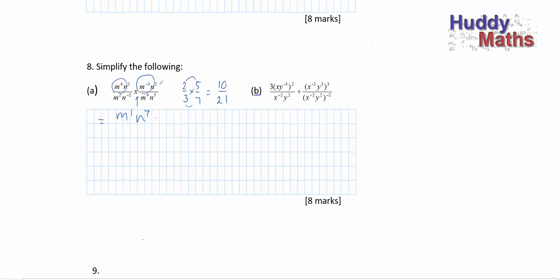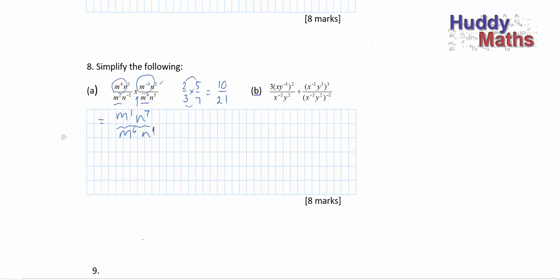Timesing is adding powers. So adding them is 7. Okay, in the bottom line now, m squared by m to the 4th, adding powers, there's m to the 6, and n to the neg 2 times n to the 3, adding powers is n to the 1.